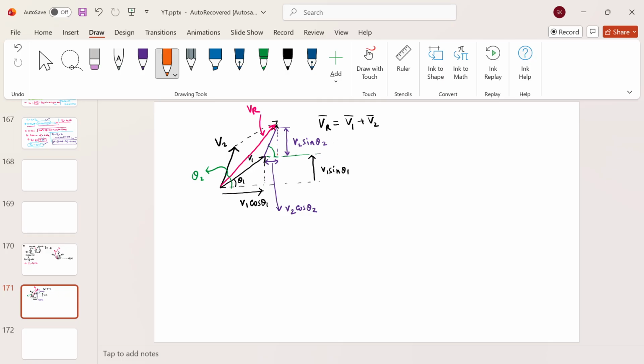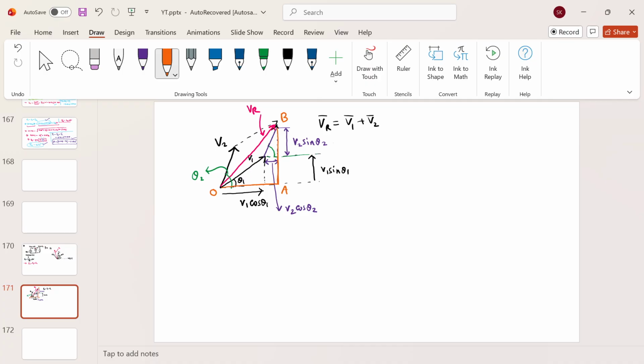Yeah. So if I draw a right angle triangle, let's say this is the right angle triangle, O, A, and B, and OB is the length of the resultant phasor.